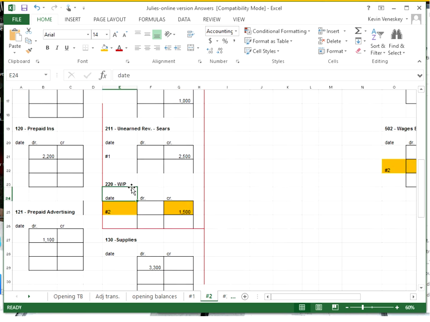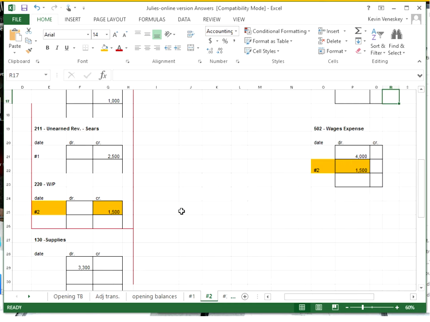So I'm going to add a new liability account down here. I'm going to call it account 220, wages payable. I credited the $1,500, and I come over here to my wage expense and add in that an additional $1,500 has been worked.